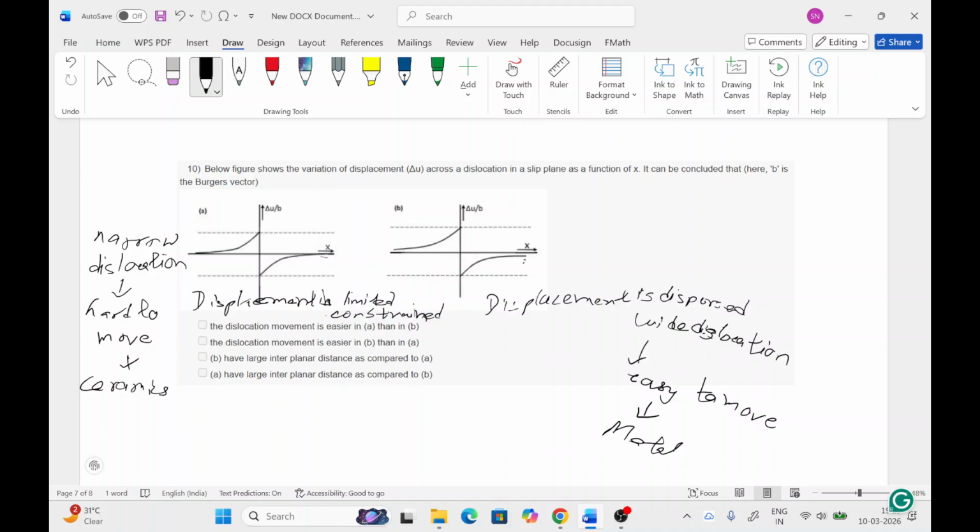So from this concept, we can say that the dislocation movement is easier in B than A. So the second option is correct. And one more thing, the wider dislocation has a larger interplanar spacing, so it is easy to move. Interplanar means the distance between two planes.